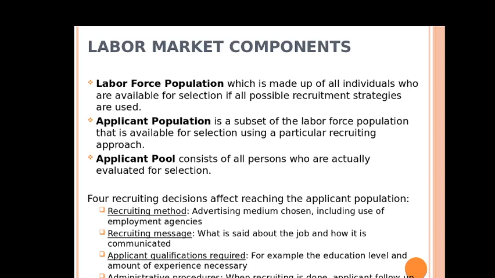The applicant pool, that's the third one, consists of all persons who are actually evaluated for selection. There are many factors that can affect the size of your applicant pool, which include the reputation of your organization and the industry as a place to work, whether it is an industry that is quite prevalent, or an industry that pays competitively to the workforce.